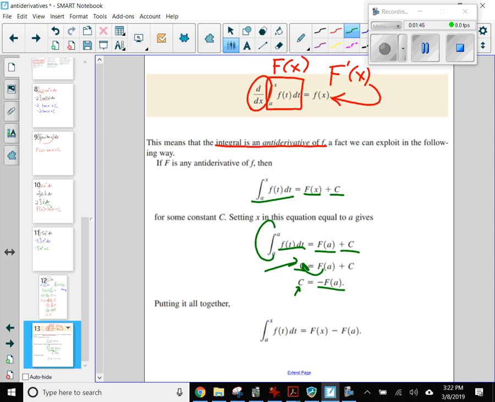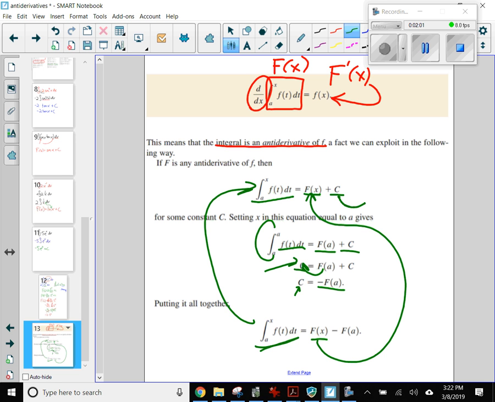Well, if I go back to this formulation right here, then I can see that the integral is equal to F of x, and instead of plus c, I put minus F of a.